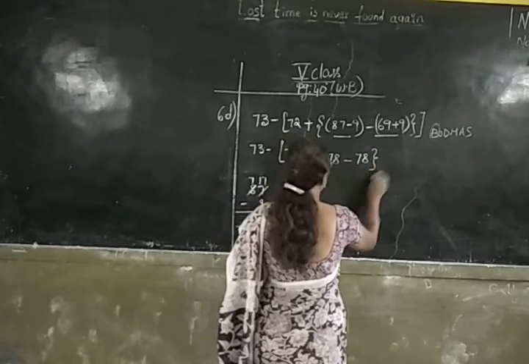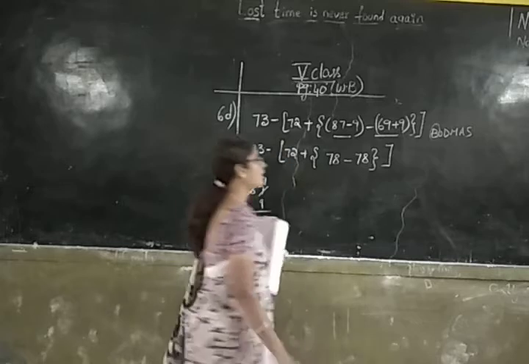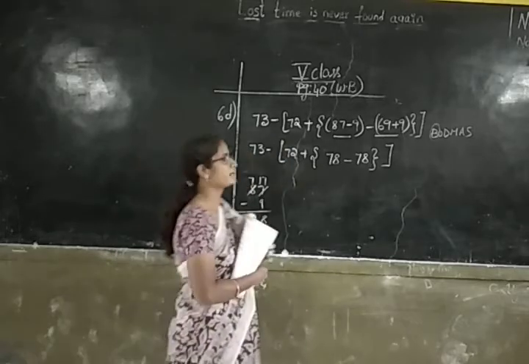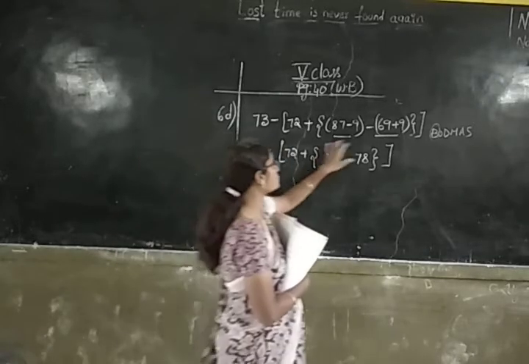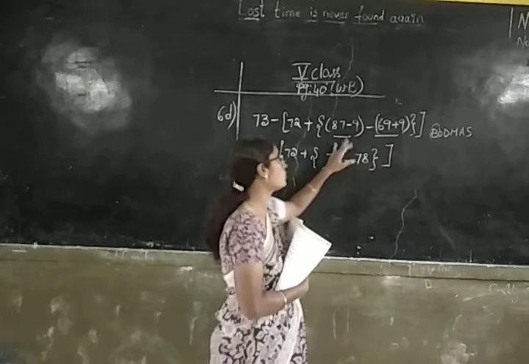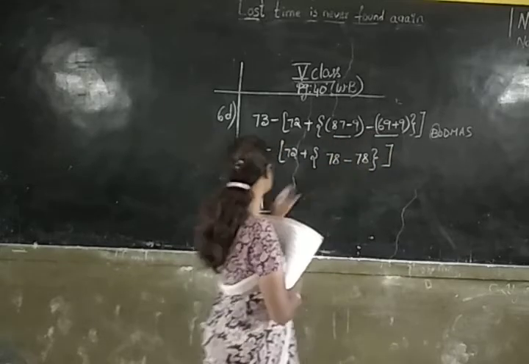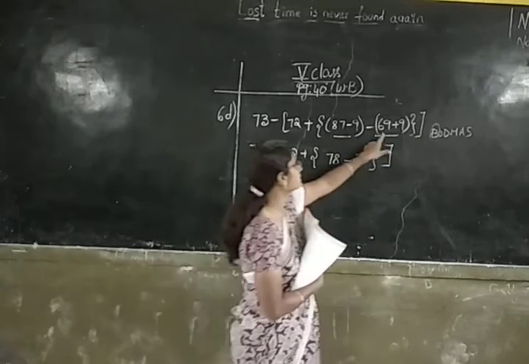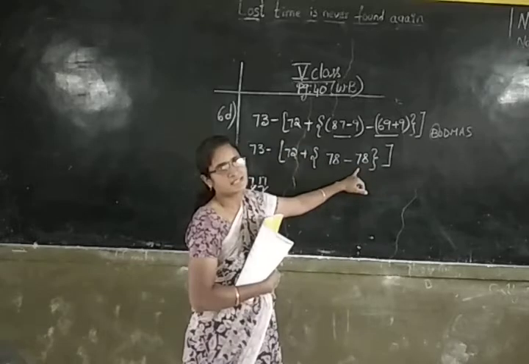Then we place the flower bracket, and in the last the square bracket. Did you understand children? First we solved the terms inside the round bracket: 87 minus 9 is 78 and 69 plus 9 is also 78.